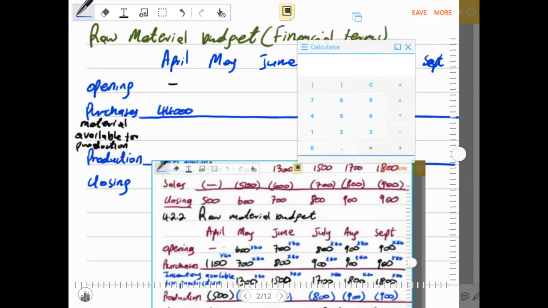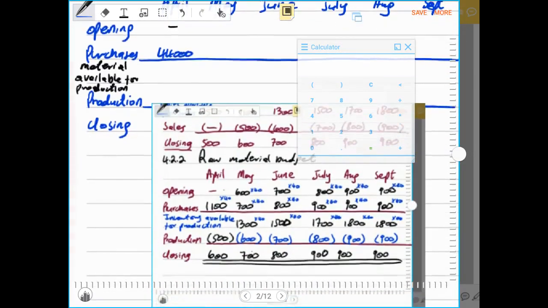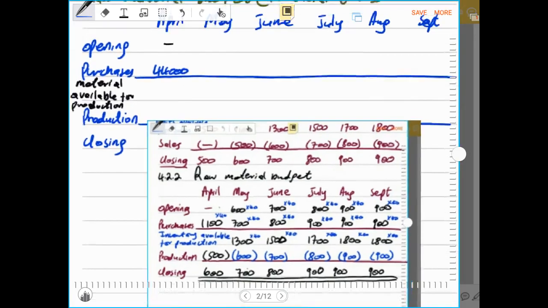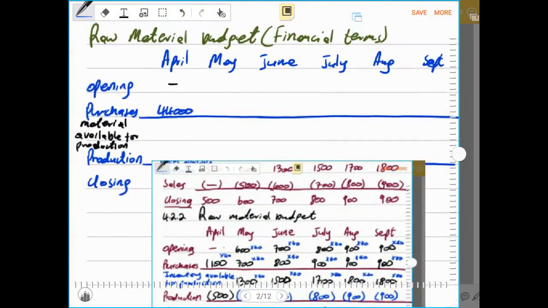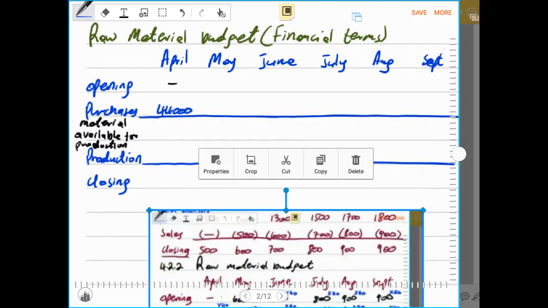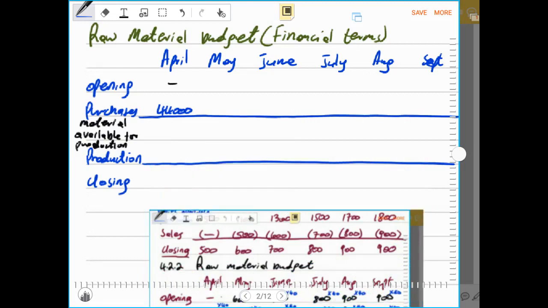Then after we say 500 times by 40, that gives us 20,000, which is the production.